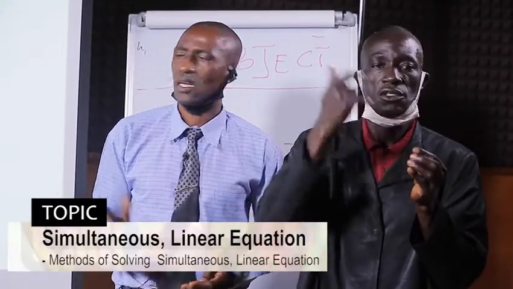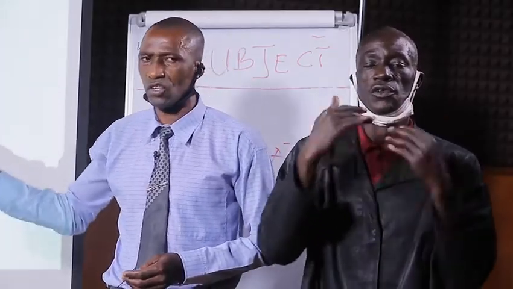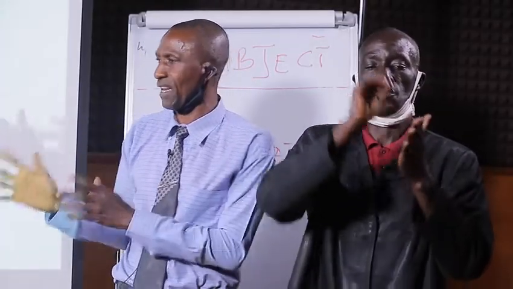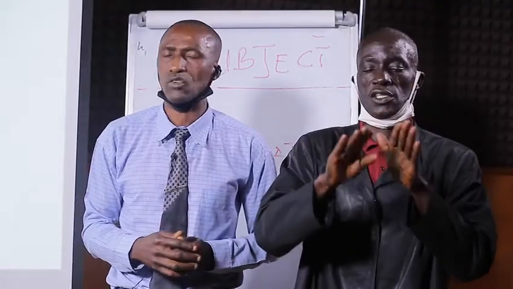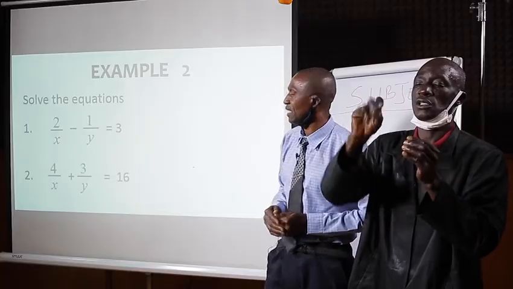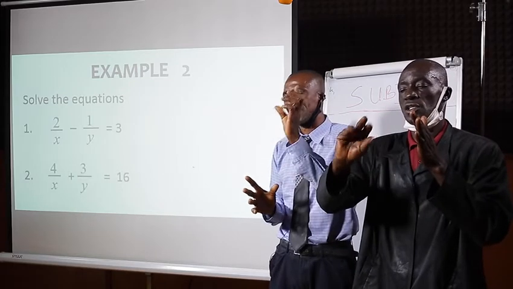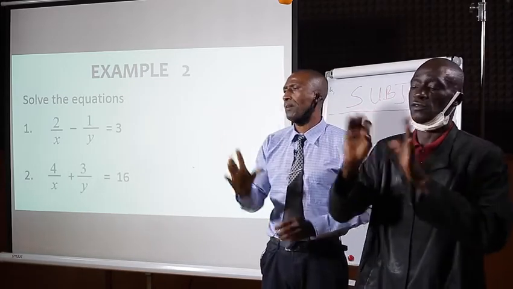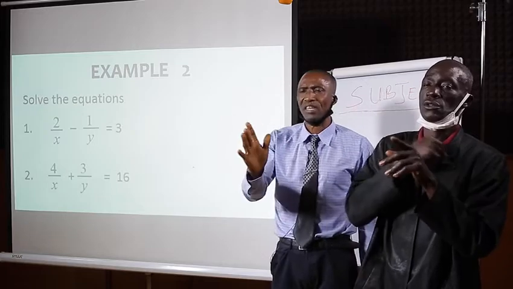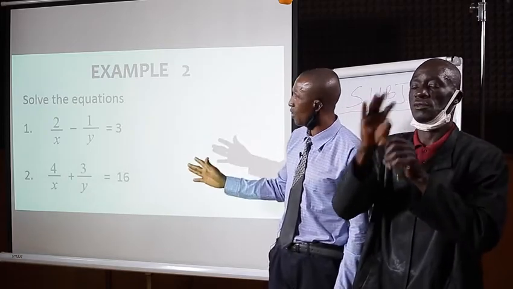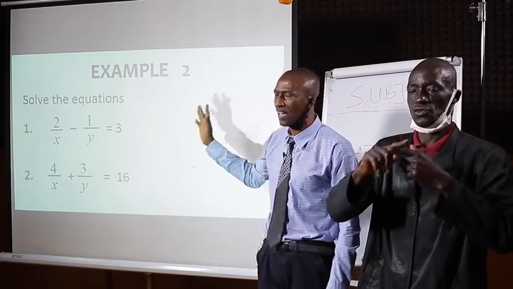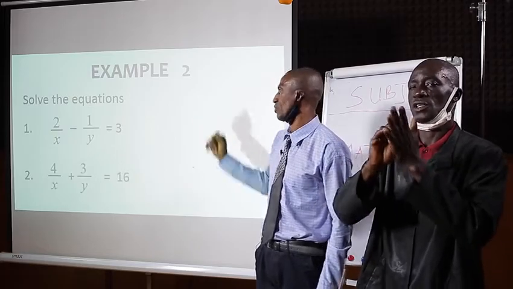For instance, if you have plus, minus, or minus, plus as the balancing signs, then you are to add the equations. Then, under the elimination method, we have different types of examples. So in our previous lesson, we treated the first type of example, and today we are going to treat the second type of example as follows.